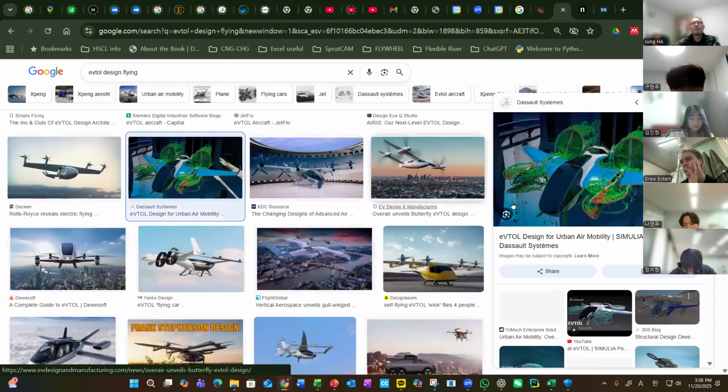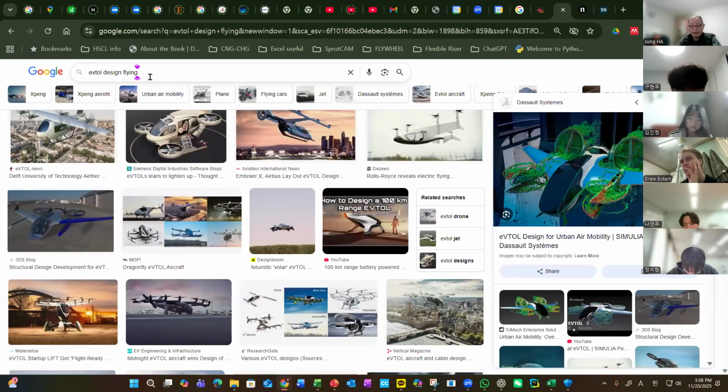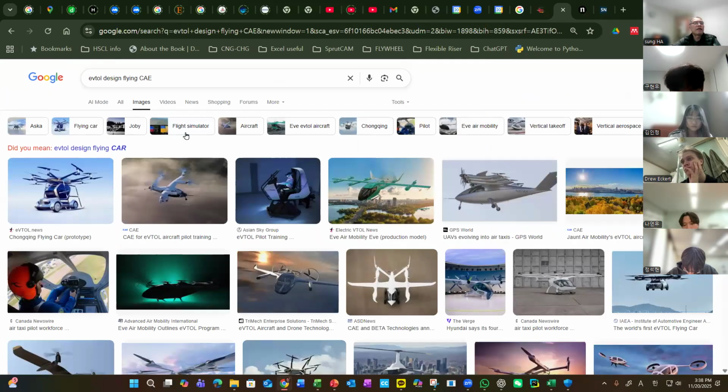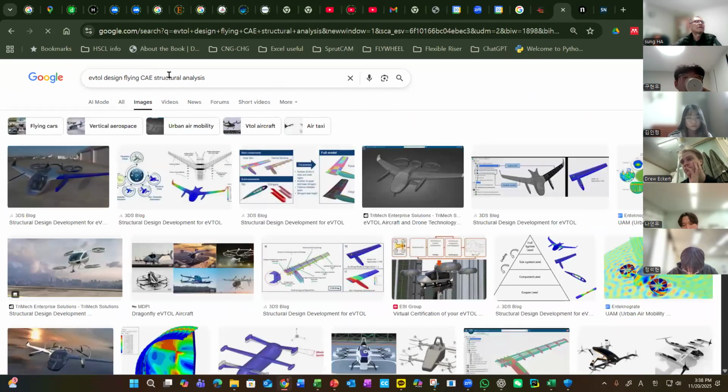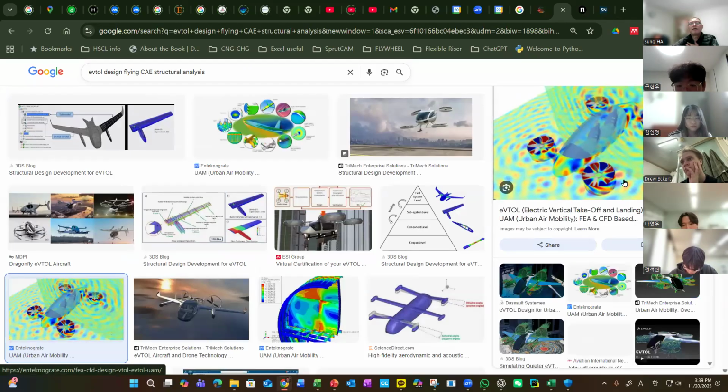This is a paradigm change. Again, this is the CAE, as I mentioned. Now, CAE, I would say structural analysis. And this is fluid flow, exactly the same as the mechanics, but it's fluid mechanics. We are dealing with solid mechanics.